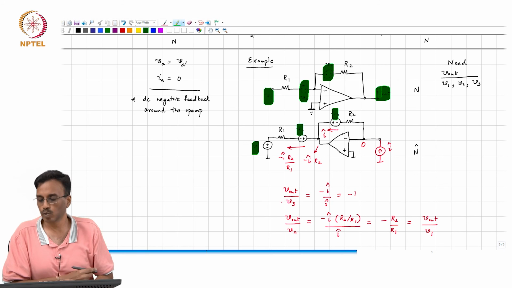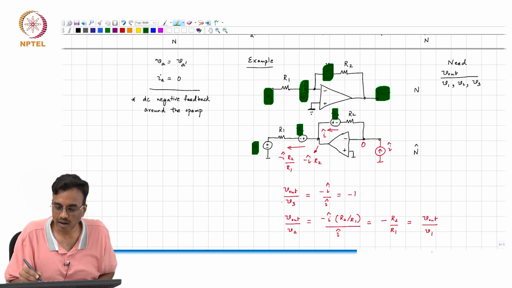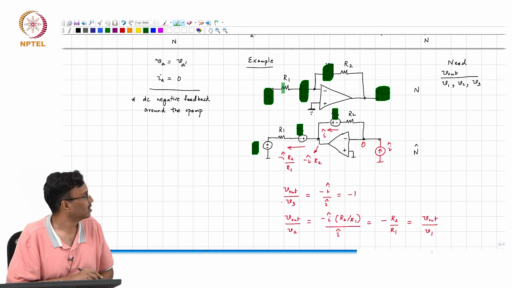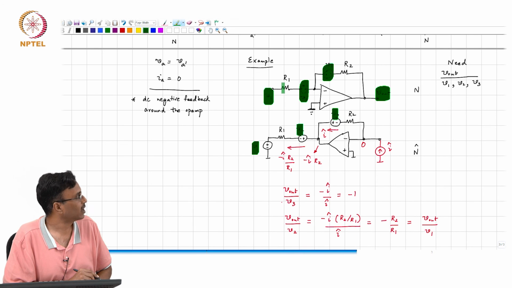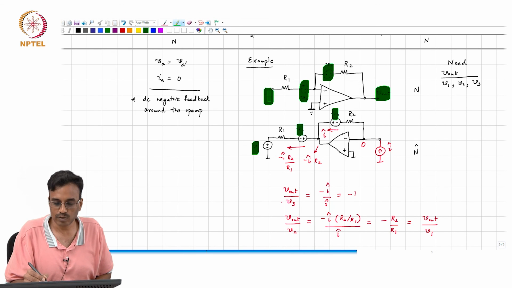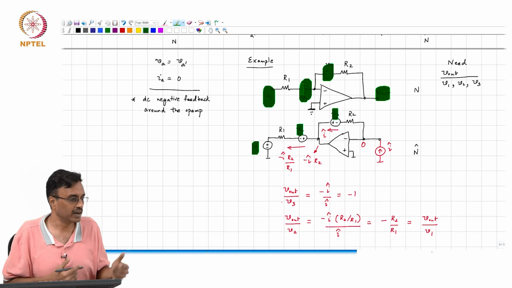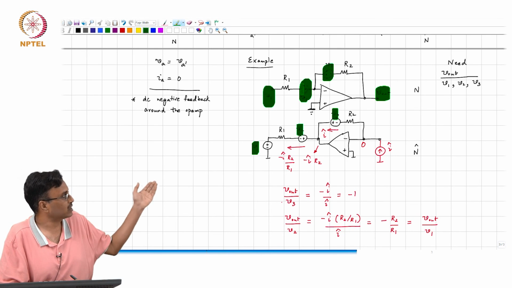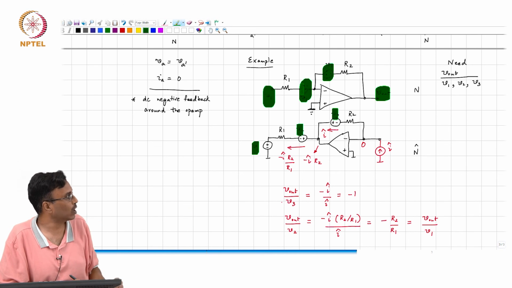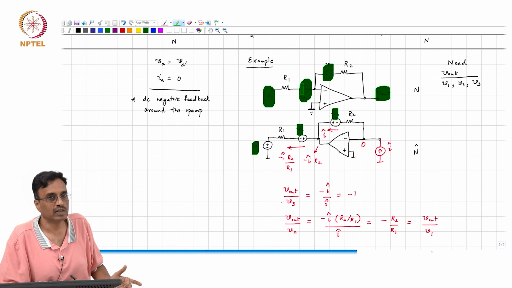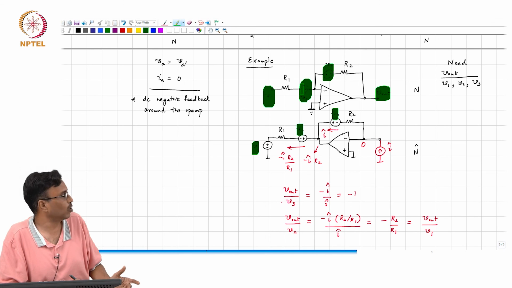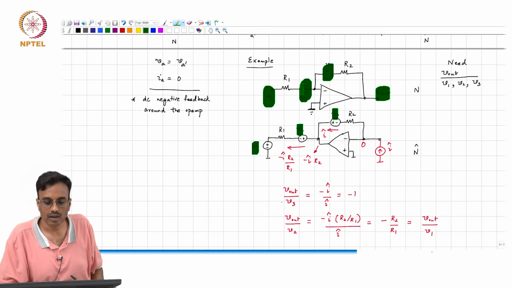Minus R2 by R1. Then, if you open your eyes carefully, you would see that V1 and V2 are in series, and therefore there is no point in doing the analysis all over again. The transfer function from V1 to V out is the same as from V2 to V out, and that is also minus R2 by R1.